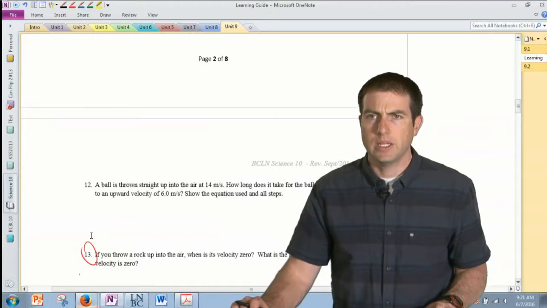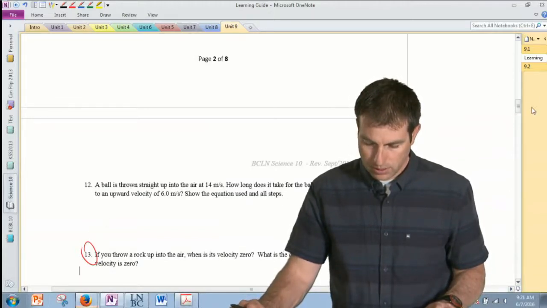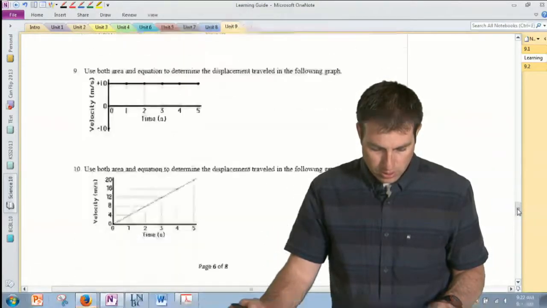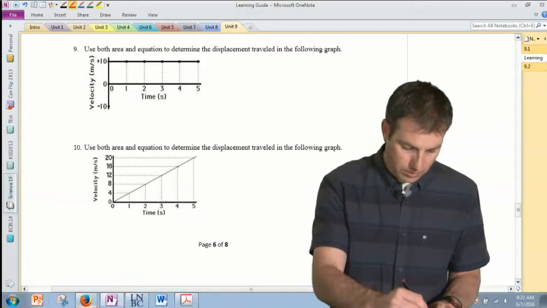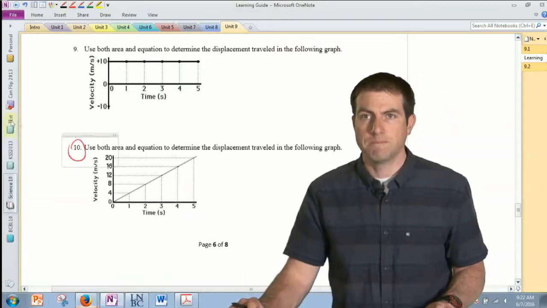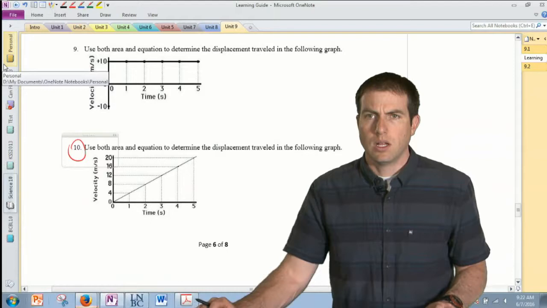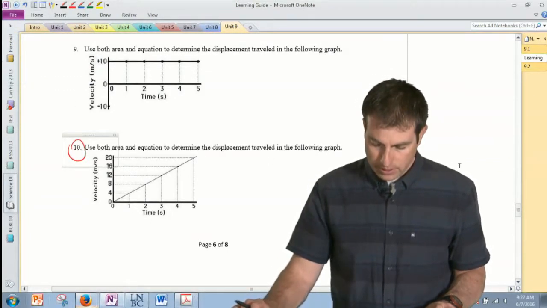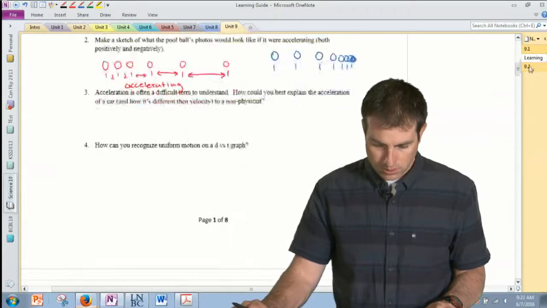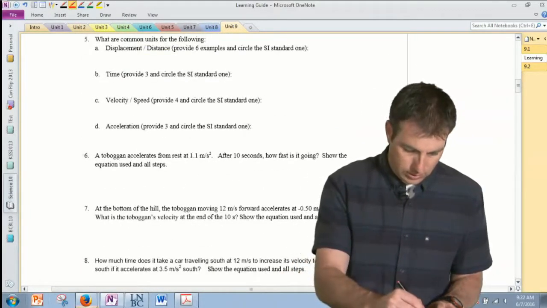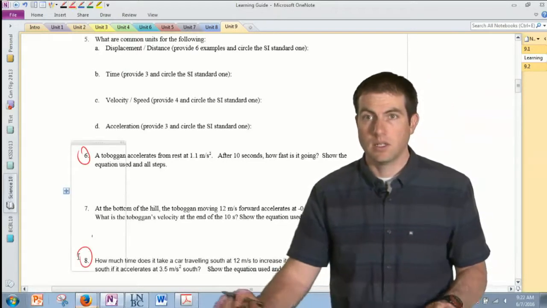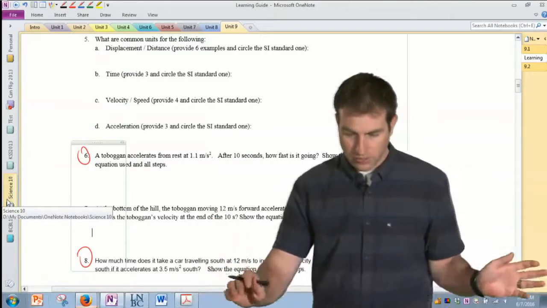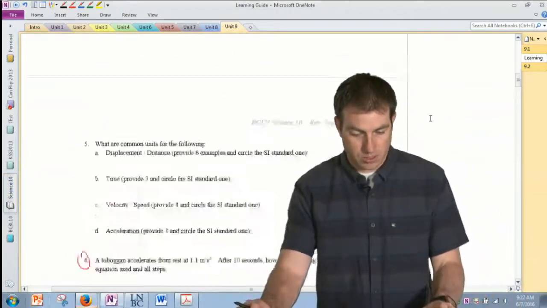Page 6, number 10. If I don't circle your question, let me know. Page 6, number 10, it's a tricky question, that one. Page 2, number 6 and 8. All right, I think I got them all. If I didn't, just throw it in, or if something else comes up, let me know.